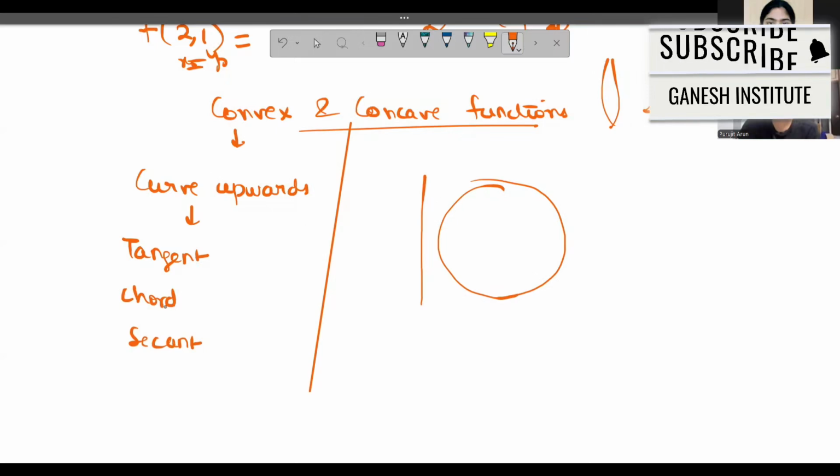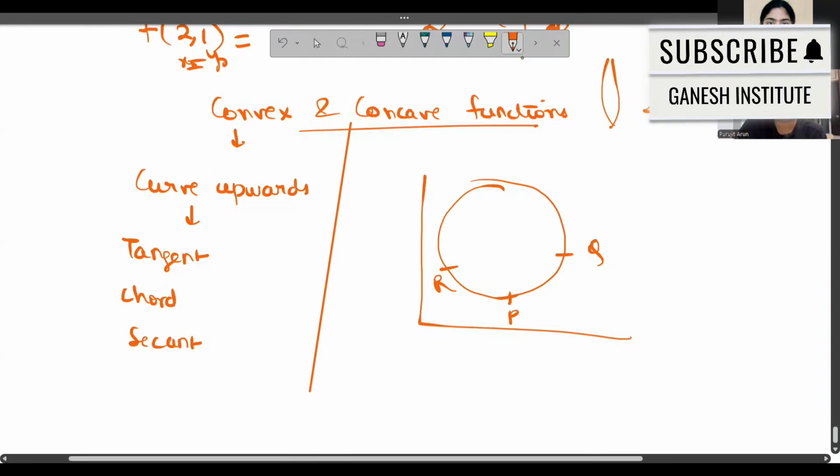If it's a circle, so tangent, you have annotation, you can draw it if you want. Okay, yes, I'll draw it. This is a tangent.